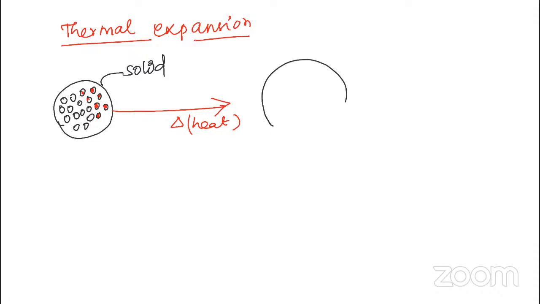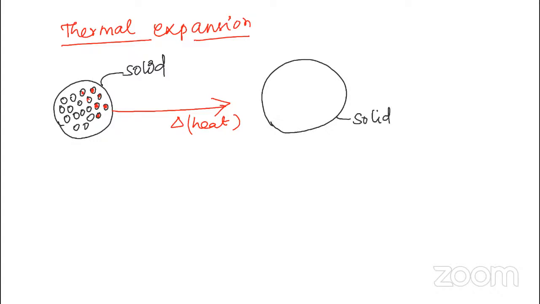If it is a solid material made up of many atoms and molecules, here are the atoms and molecules. So when we supply heat energy to the solid material, what should happen inside?